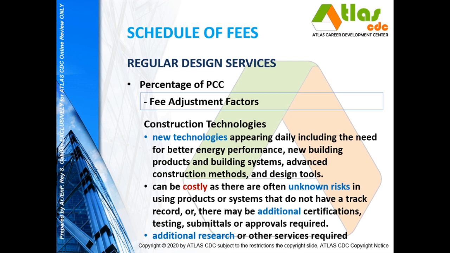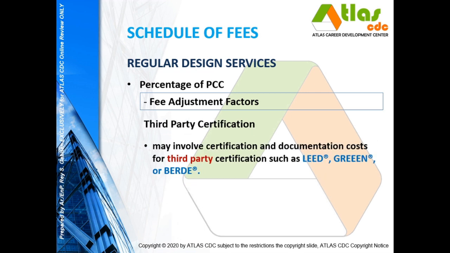The next fee adjustment factor is third-party certification and may involve certification and documentation costs for third-party certification such as the LEED, the green, or the verde. The LEED is by the US Green Building Council, and green or verde is the local green building rating systems.